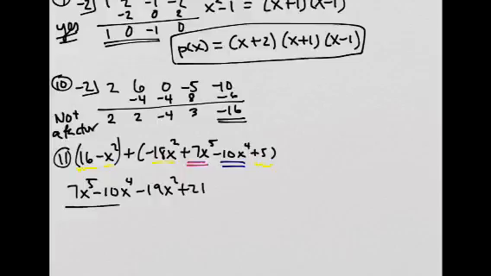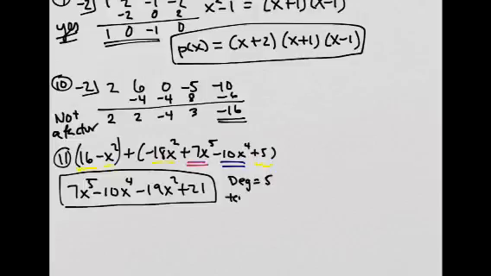Okay, so this is considered a polynomial because it has 4 terms. It doesn't have a special name, so it's just a degree 5 polynomial, and the leading coefficient is 7. So the degree for this one is 5, the number of terms is 4, and the leading coefficient is 7.